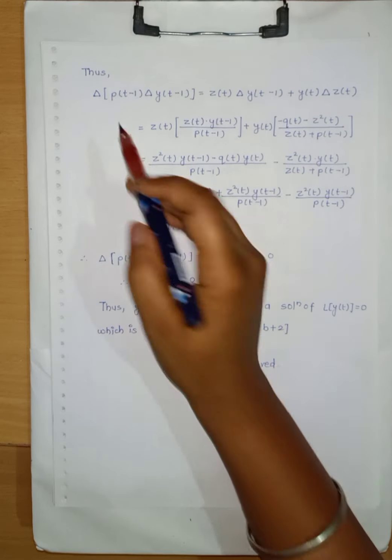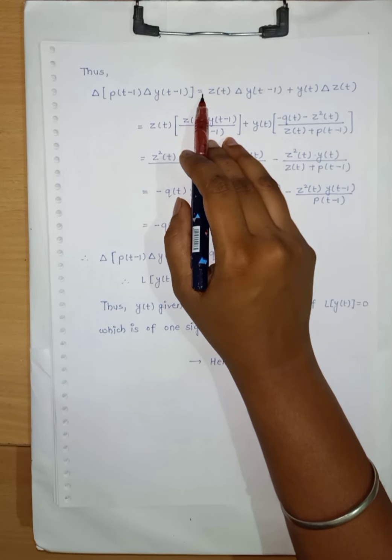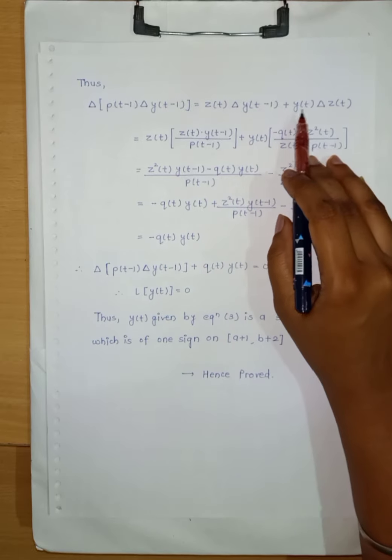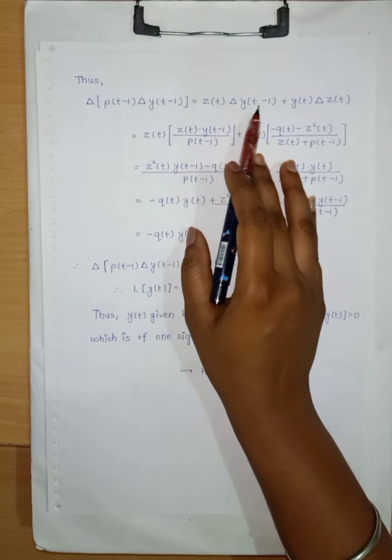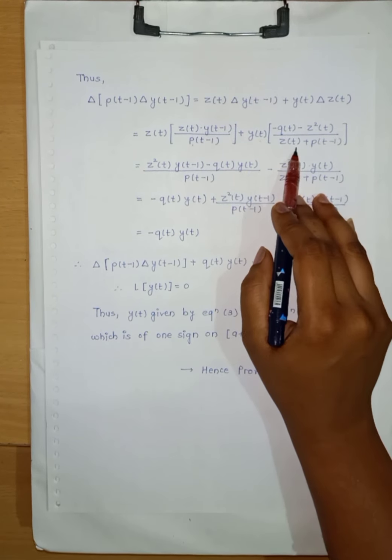Thus Δ of p(t-1) into Δy(t-1) is equal to z(t) Δy(t-1) plus y(t) into Δz(t). So z(t) Δy(t-1) is this, plus y(t) and Δz(t) is this.